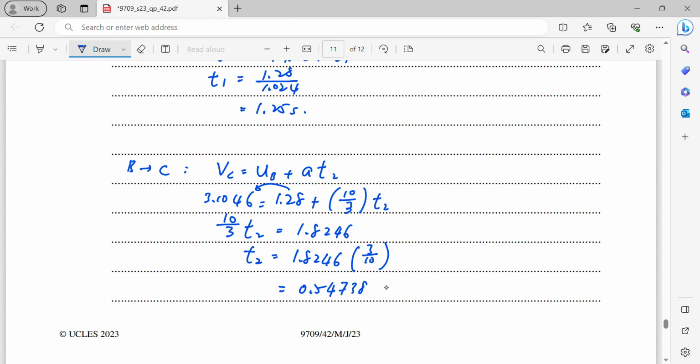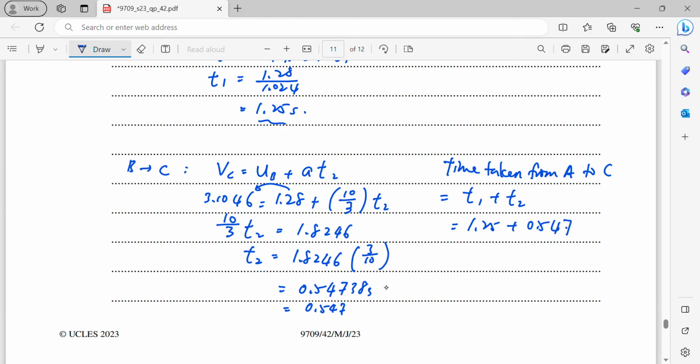0.54738 seconds. Alright, so then you can just leave in this form, or I will just say the time taken from A to C equals to T1 plus T2. So it will be 1.25, already 3 significant figures, then that means the T2 better just leave it correct to 3 significant figures. Then I will get 0.547, then I add 0.547, it will be 1.80 seconds.